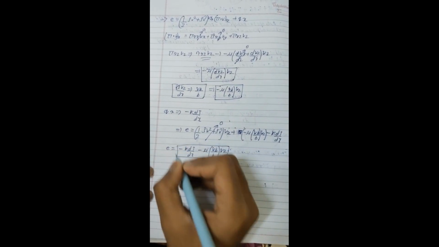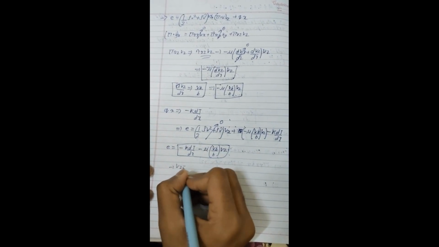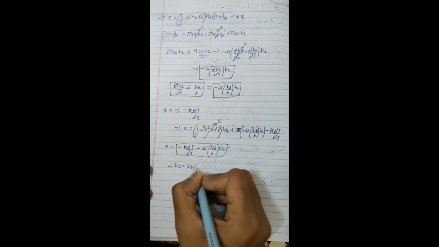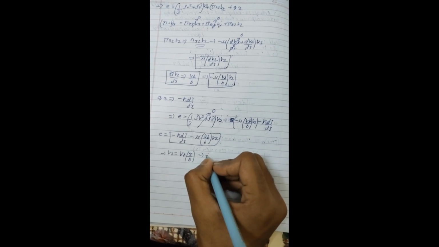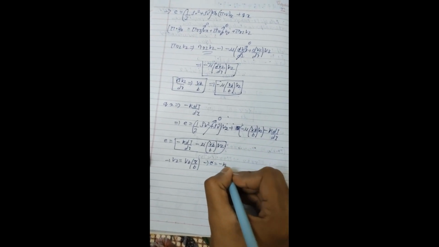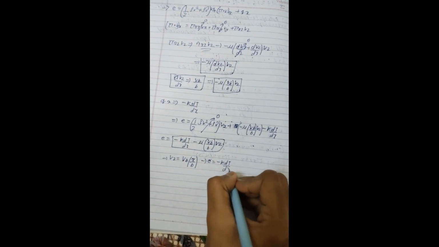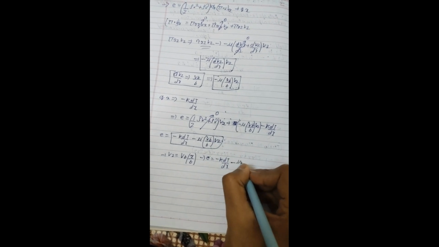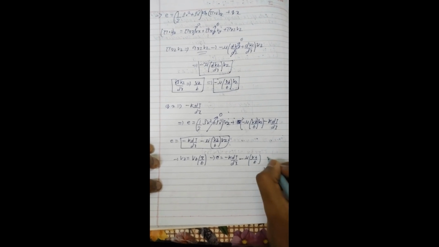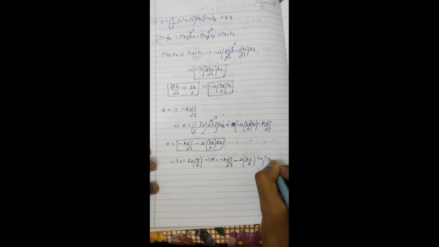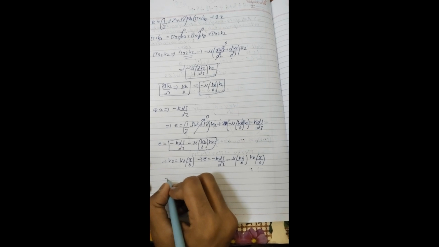Now we already know Vz is nothing but Vb into x by b, so we'll put the value of Vz here. So E is minus k dT by dx minus mu Vb by b, and Vz came out to be Vb x by b.